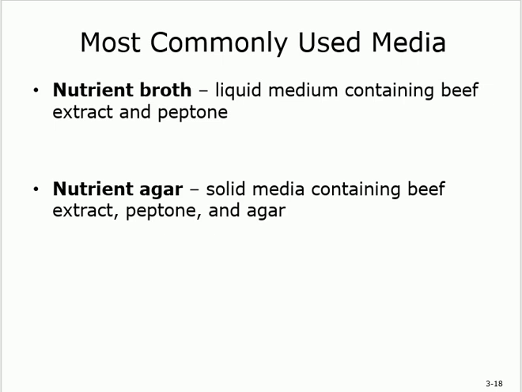The second one is a nutrient agar, and this is solid. It also contains beef extract peptone plus agar, and that's why they call it nutrient agar. Okay, and where do we get the agar from? Red algae.